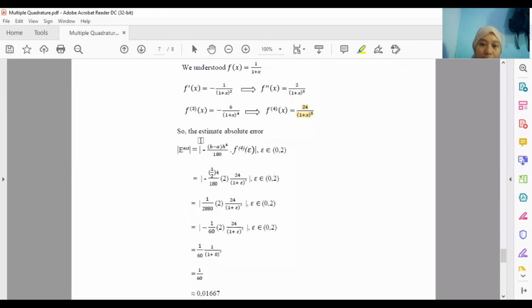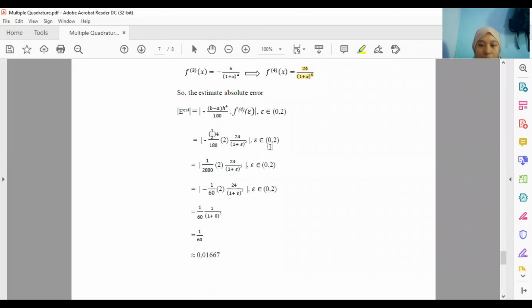So the estimate absolute error, we use this formula, is equal to the absolute value of minus (b minus a) times h to the power of 4 over 180 times the fourth derivative at epsilon, where epsilon is an element of 0 until 2.